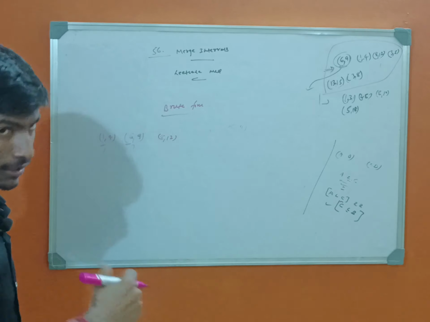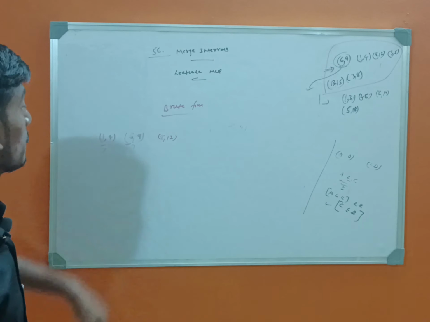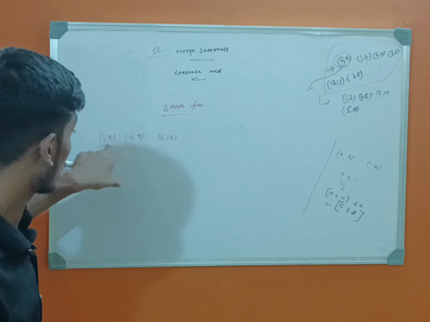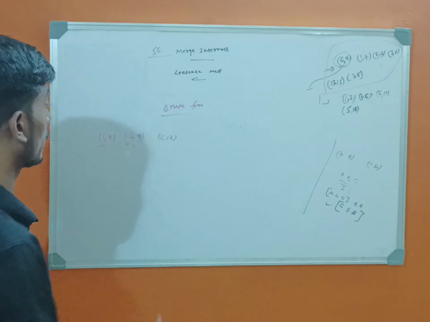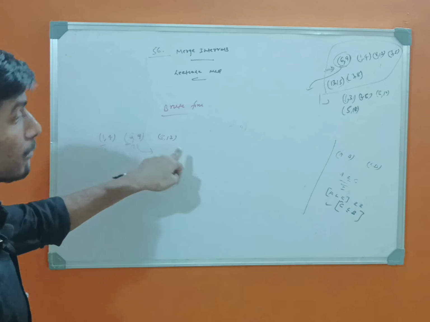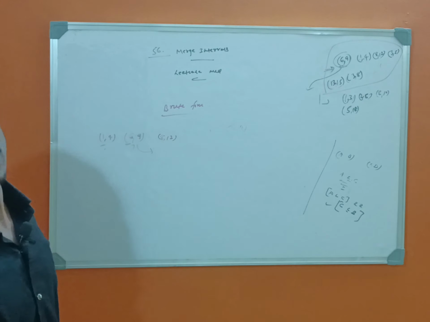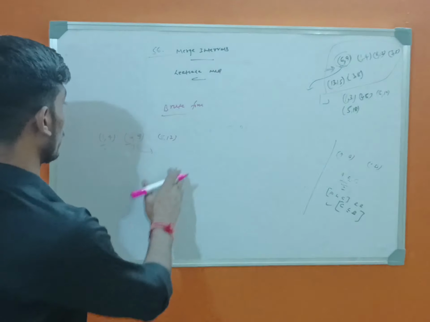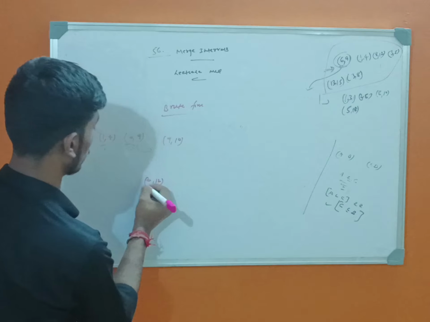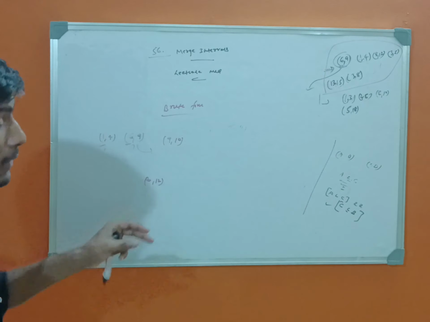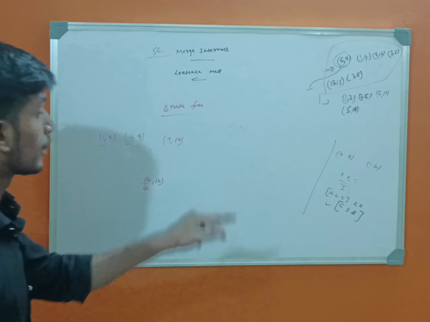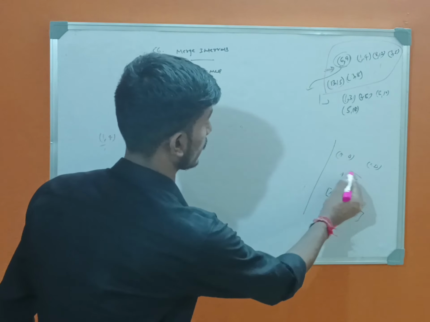Until I get a number which is greater than this 8, I will keep going. Suppose it was somewhere 19 also, and we are trying to put 8 12. I will search for a number which is just greater than this 8, so that I can fit this point.